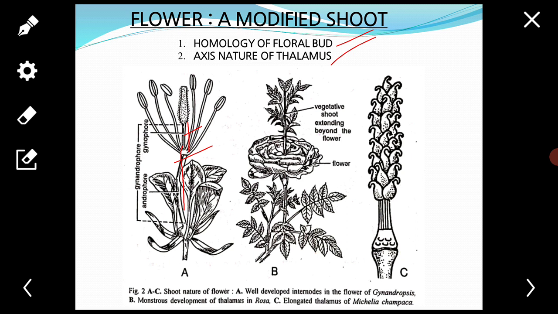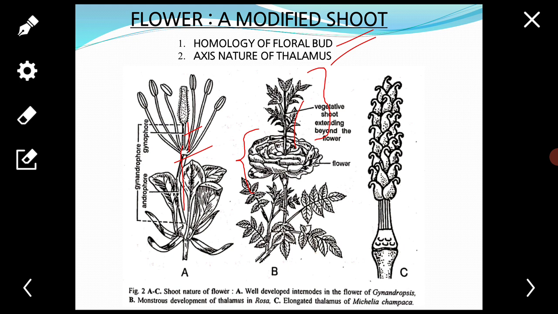But sometimes the thalamus continues to grow, as you see here students, even after producing floral leaves, and then produces ordinary foliage leaves. Example, rose, larkspur, etc.